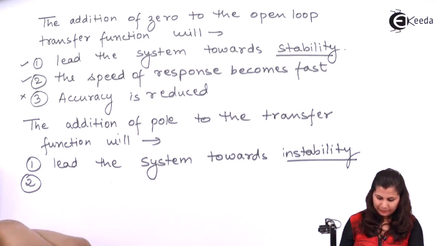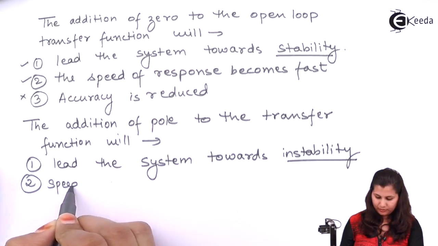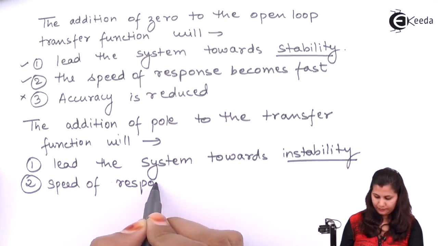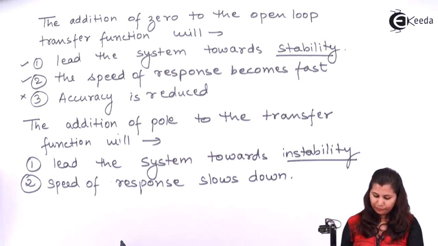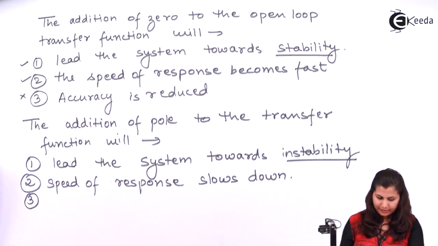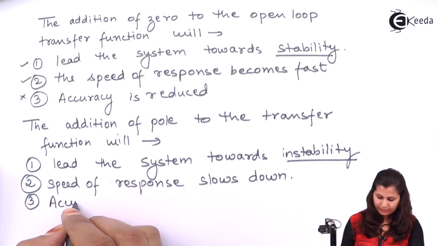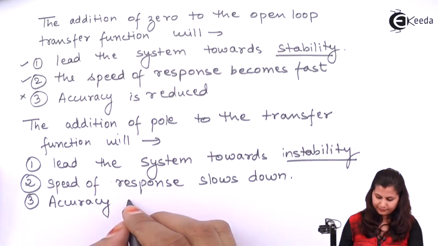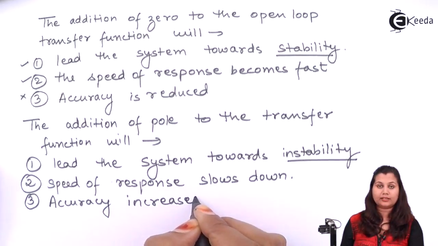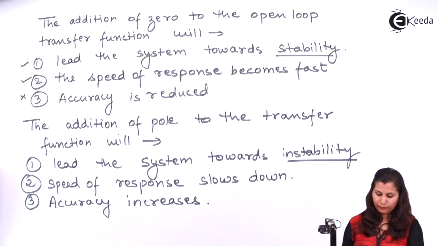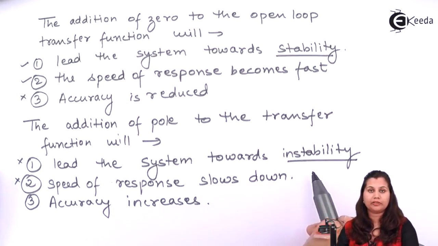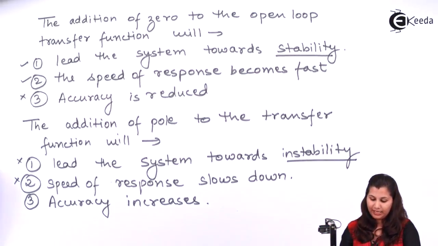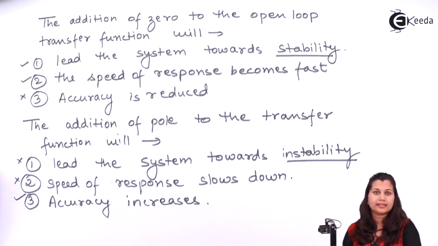Second, the speed of response slows down. This is also a negative point. Third is accuracy increases. So this is a good point when we are adding a pole. These two are negative because the system is leading towards instability, and the speed of response is slowing down, and accuracy is increased.